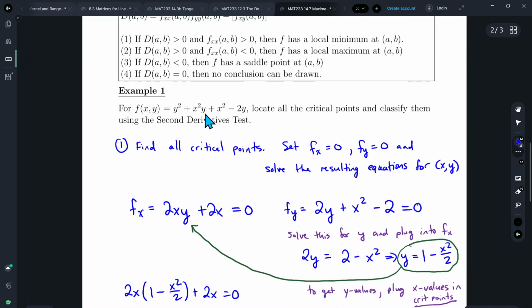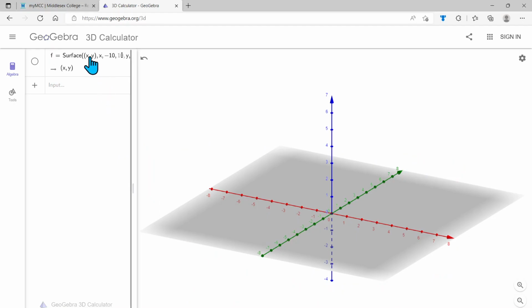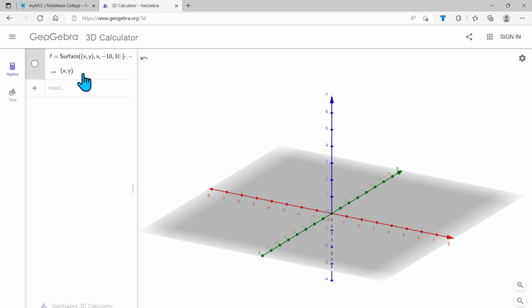Y squared plus x squared y plus x squared minus 2y. What's going on here? That's not what I want. Delete everything.